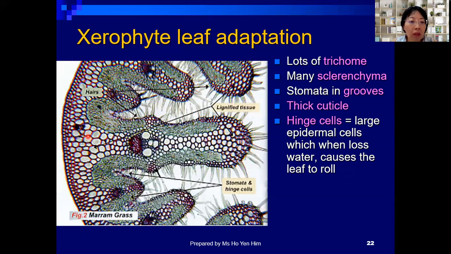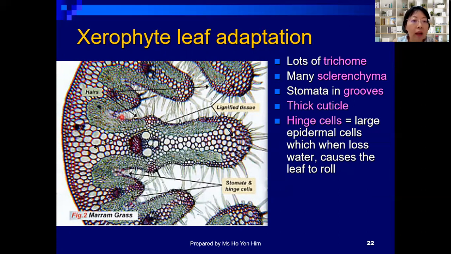Now there's one more thing I want you to pay attention to. Can you see the cells here at the point where the epidermis folds, the bottom point? Can you see those cells are very big, and the wall is very thin? You can see this one very clearly.